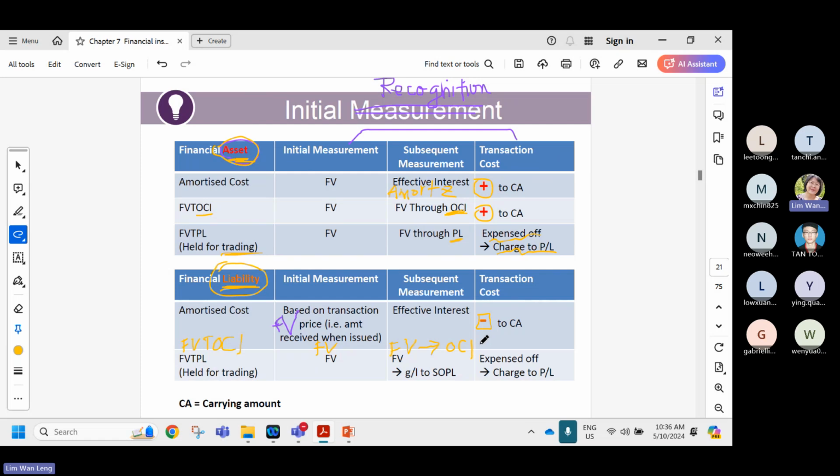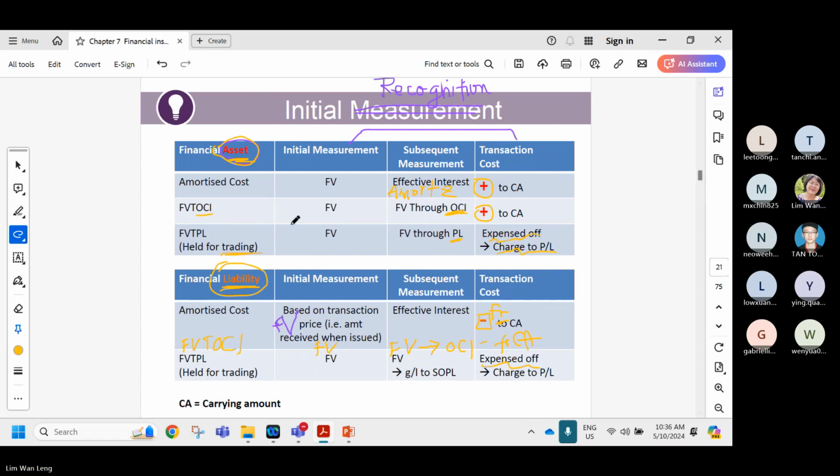So this one also minus from carrying amount. Okay, so for fair value through the profit or loss, if you measure your financial liabilities at that, which means that any transaction cost, you expense off, which means that you charge to the SOPL.